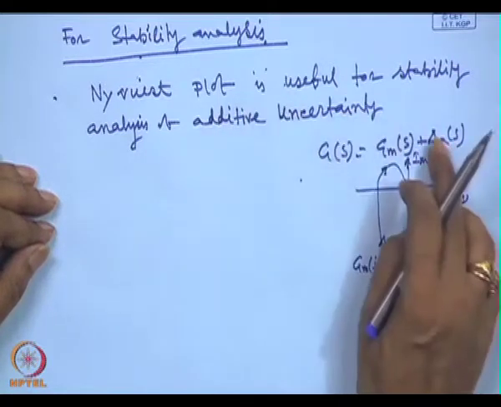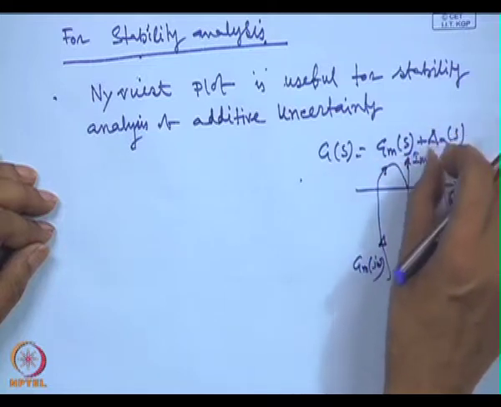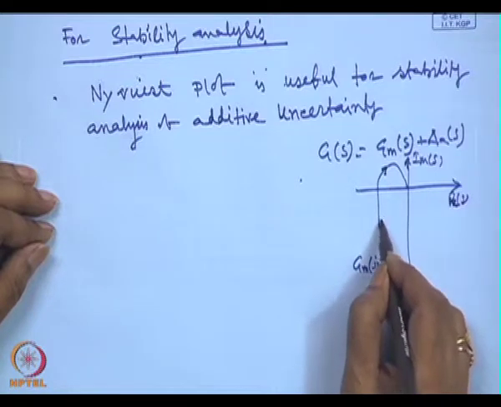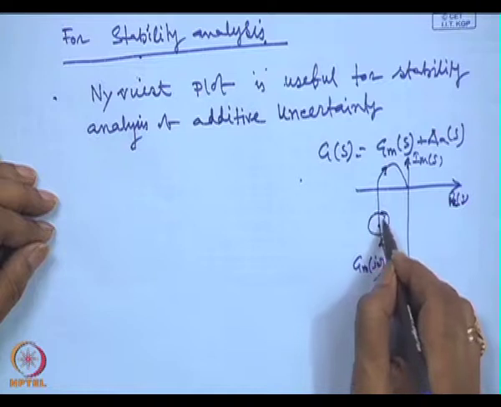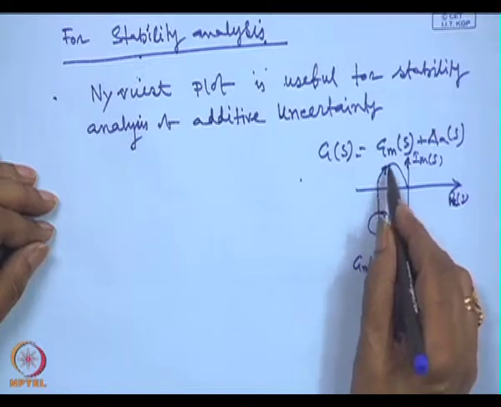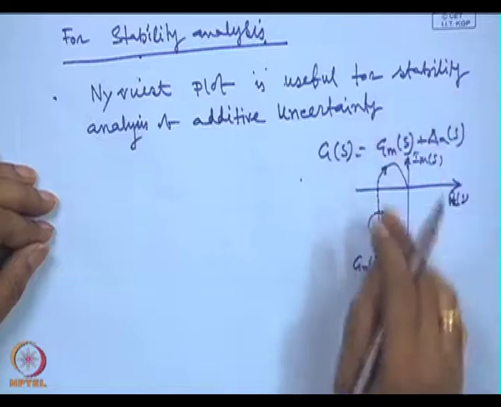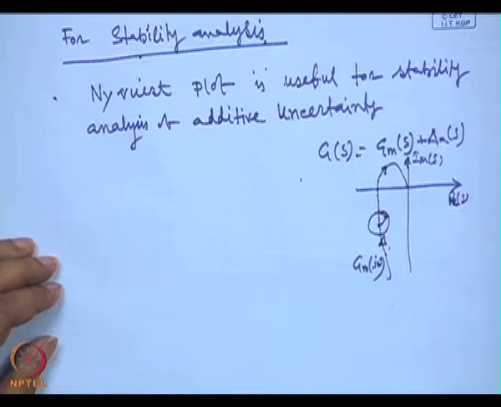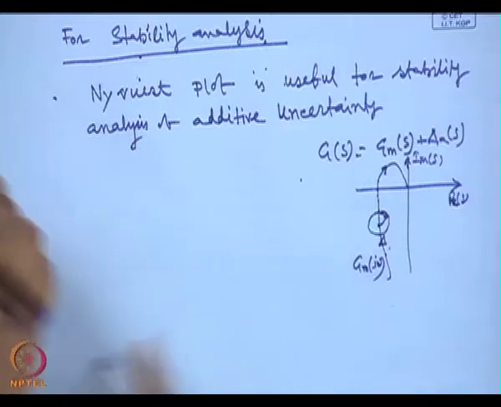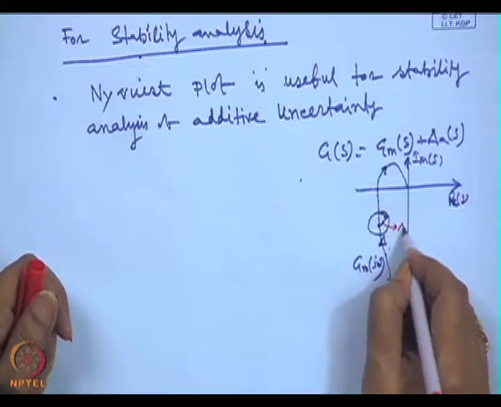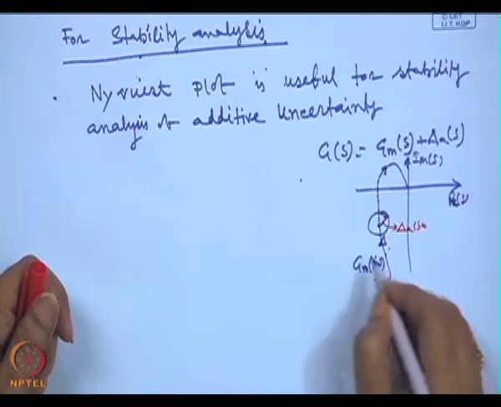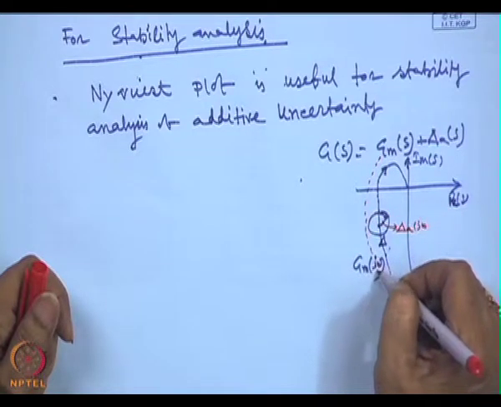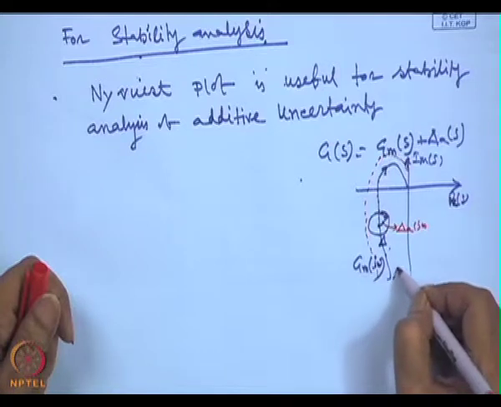Now, if you know the upper bound of the perturbations, then you just make a circle of that magnitude along G of j omega, and you can plot it. That means, ultimately, delta A of j omega gives a boundary like this.